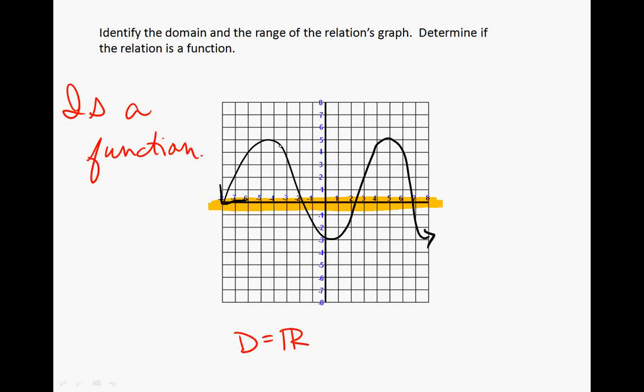If I were to crush this graph along the y-axis, it's only touching values from -3 all the way up to +5. There are no y values graphed anywhere up here or anywhere down here. So my range has what we call a lower bound and an upper bound.